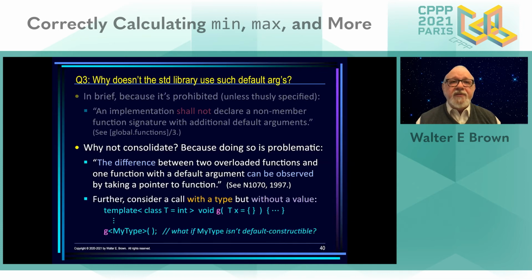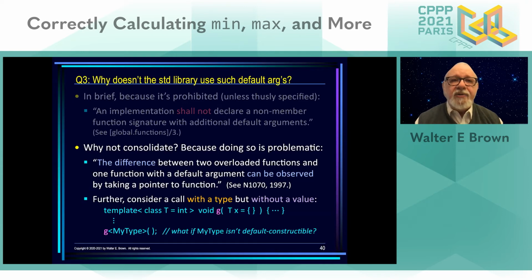There's a further reason for this. Suppose a client makes a call and specifies a type. This is not a recommended practice, but suppose it happens. Consider a call that specifies the type, but not a value. So here's a function template G that has appropriate defaults for both kinds of parameters.